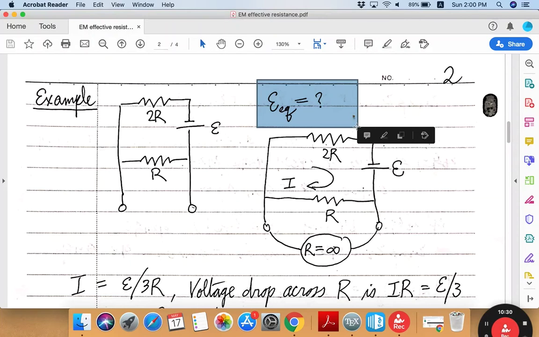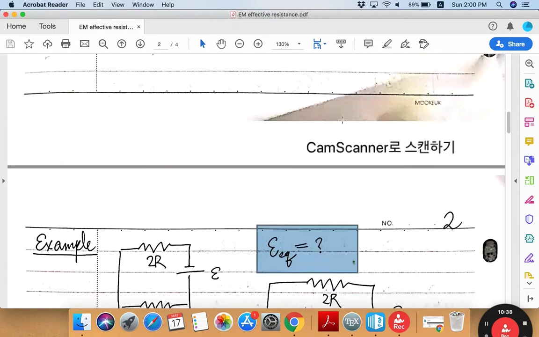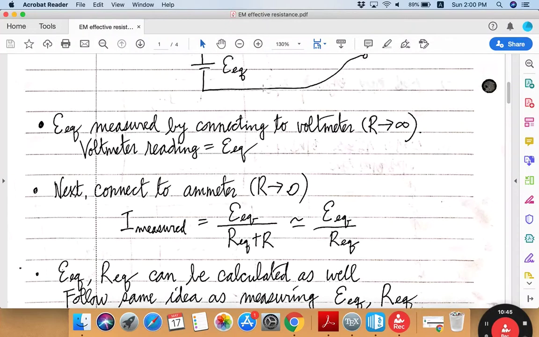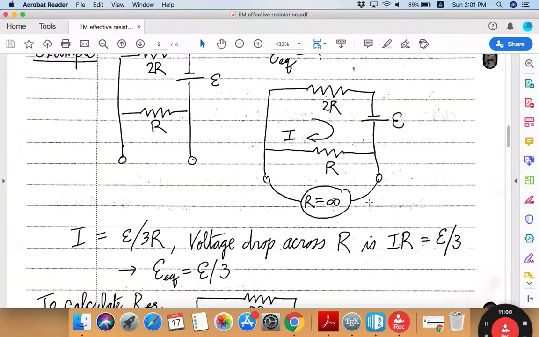Okay, but then you can answer this theoretical question by performing a thought experiment in exactly the same way that you would have performed the real experiment. So in the real experiment, this equivalent voltage was determined by connecting or pretending to connect a voltmeter. And instead of connecting a real voltmeter, we're going to just pretend to be connecting a voltmeter like this.